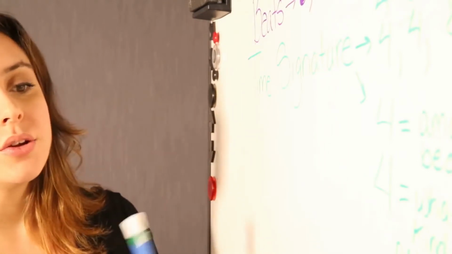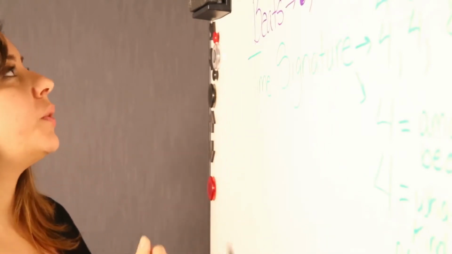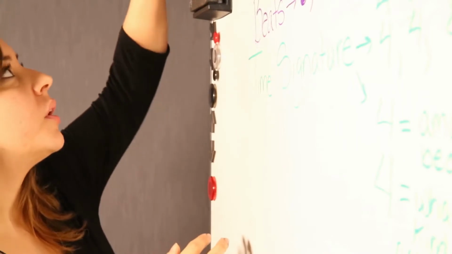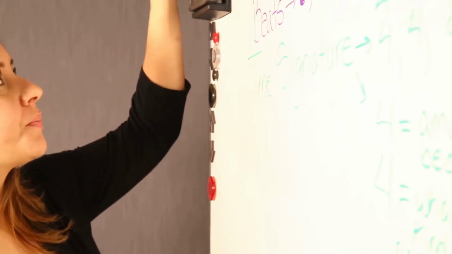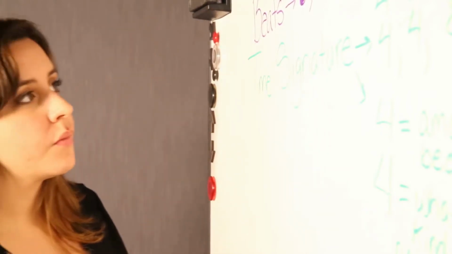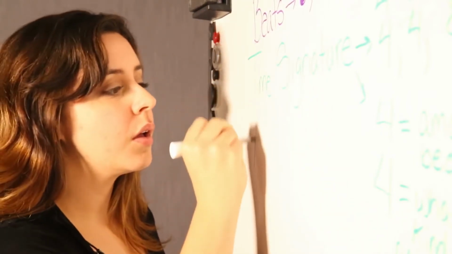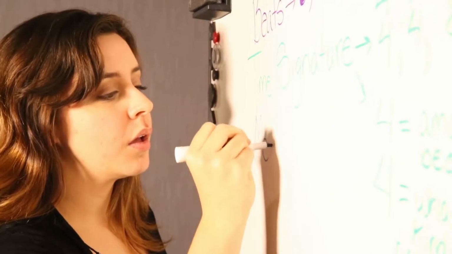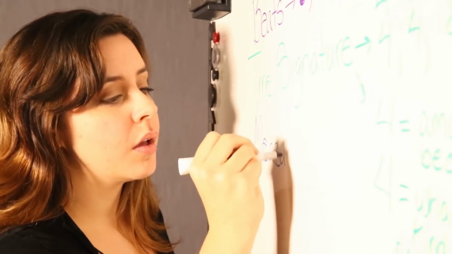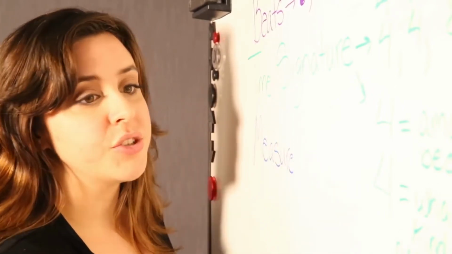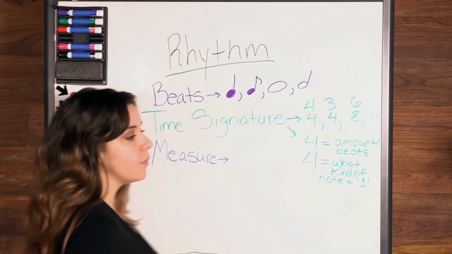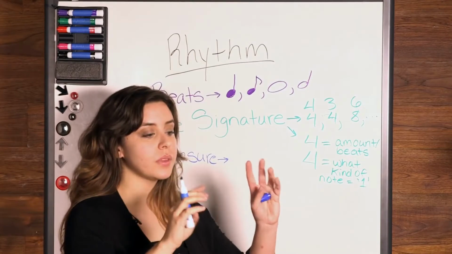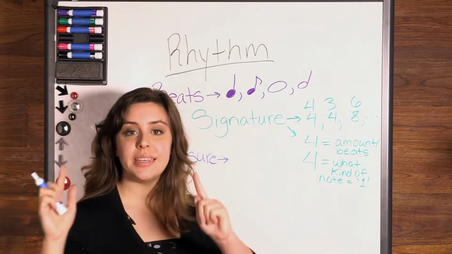So what this means, and another good definition for rhythm would be measure. Now measure is basically the little brackets that you see in music.